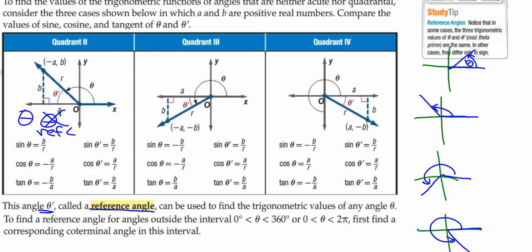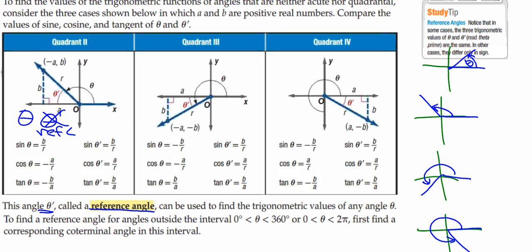Which is horizontal, right? Horizontal up, horizontal down. So that's what you have to remember. Reference angle is always horizontal up or horizontal down. And so the initial side of the reference angle is always from the positive or negative x-axis.